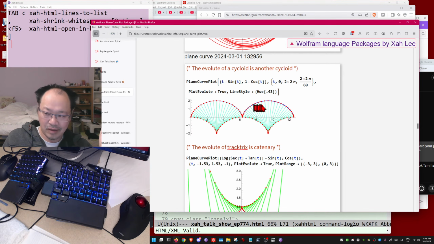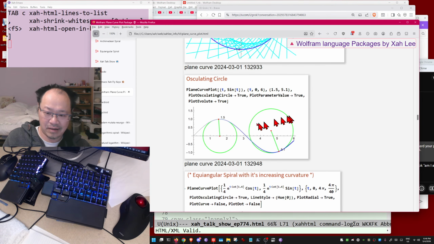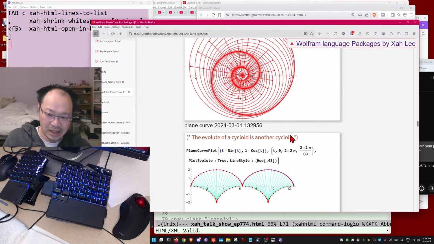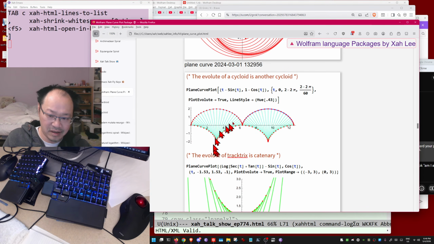Cycloid, which is a curve traced out by rolling a circle, has a property such that the locus of its kissing circles, all the centers of the kissing circles on the curve, is itself another cycloid.